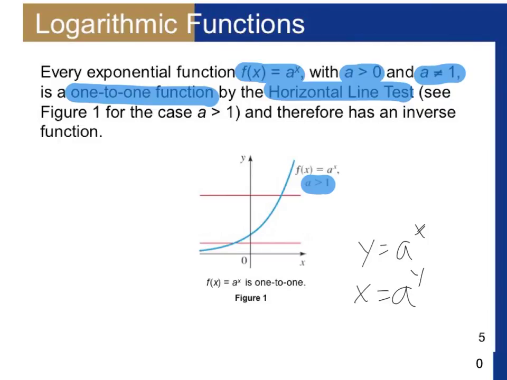So what we do is we develop this new function, and we call it y equals logarithm, base a. Now the base goes down below as a subscript instead of a superscript like we normally do for exponents.